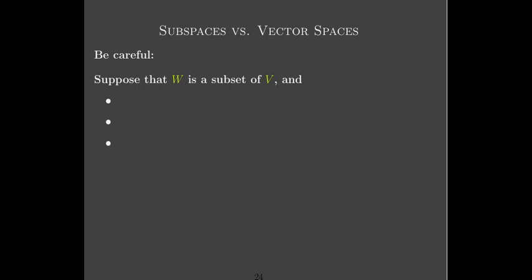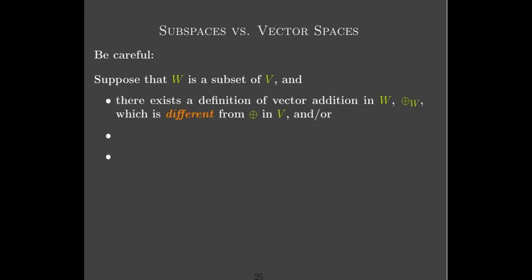Now we have to be a little bit careful about that, because we have to be careful that we're including in our definition any possible new definition for vector addition and scalar multiplication.